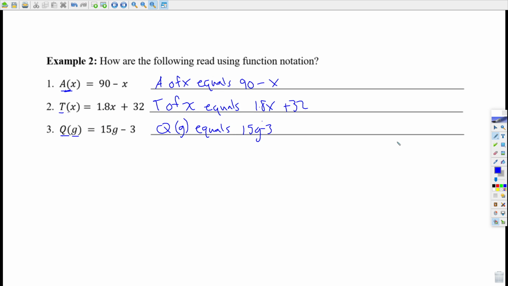Just practice. Oh, I completely forgot. I did not write it out. Q of G. There we go. That's how you say this here. Make sure you're familiar with how to say it, so whenever we do it in class, you can say the right thing.